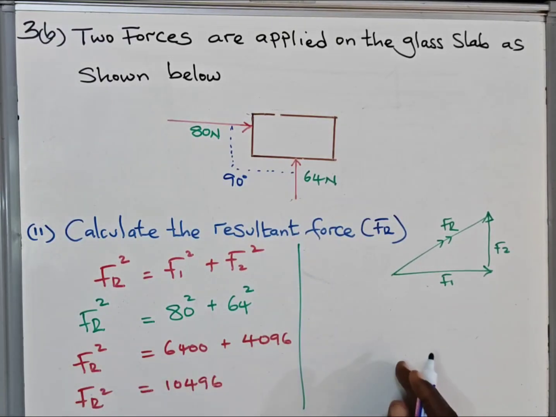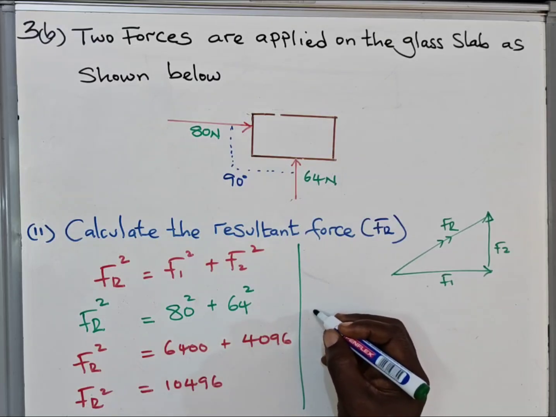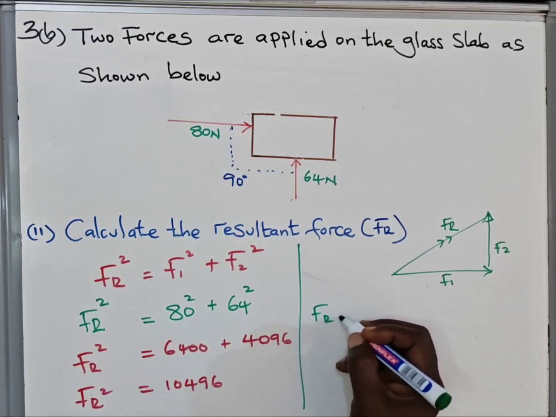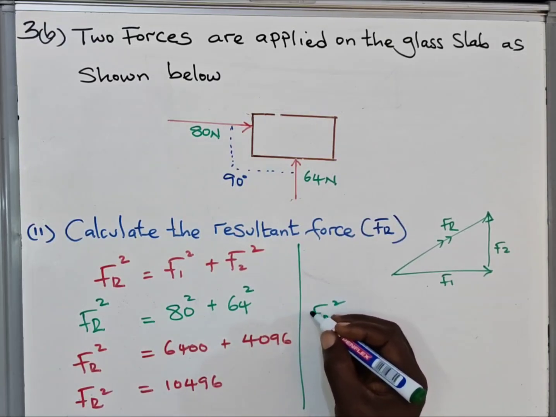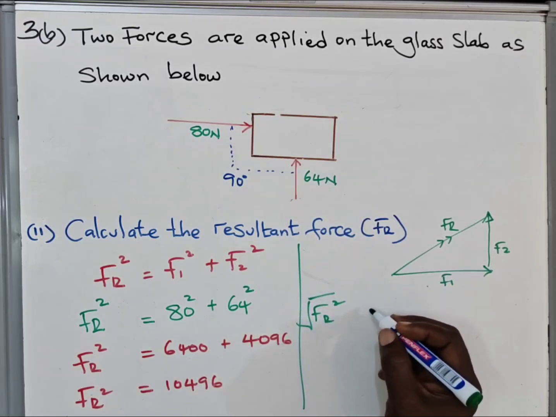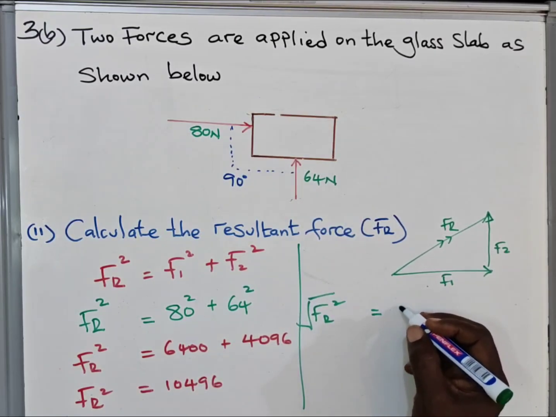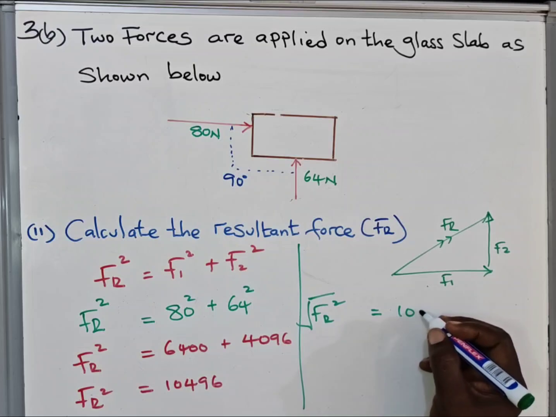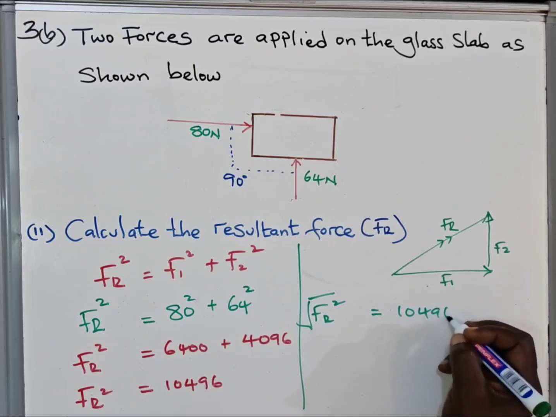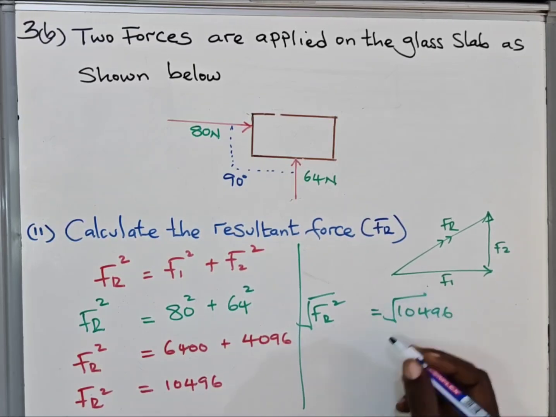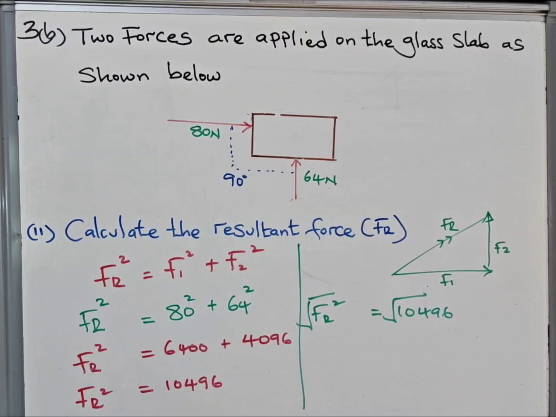We find the square root of both sides, so it's going to be Fr squared, and we'll have its square root, which is equal to this one, and we'll find the square root.